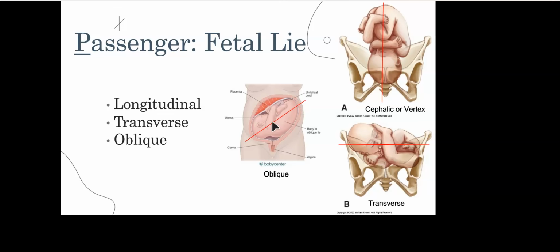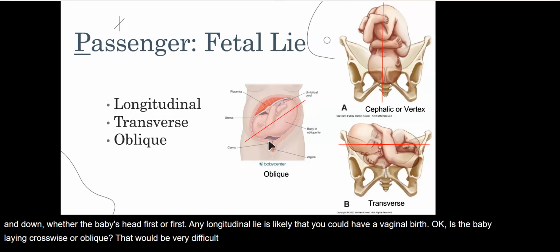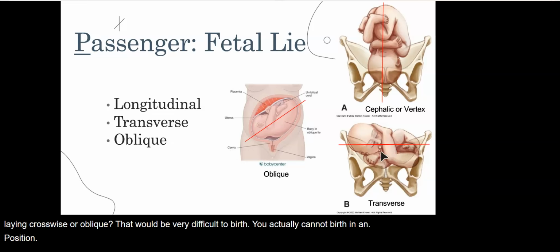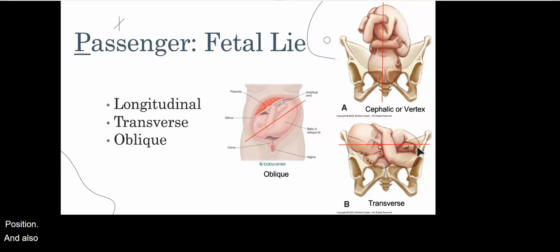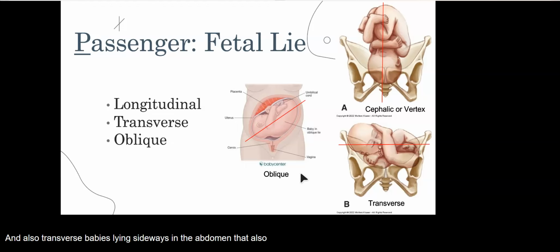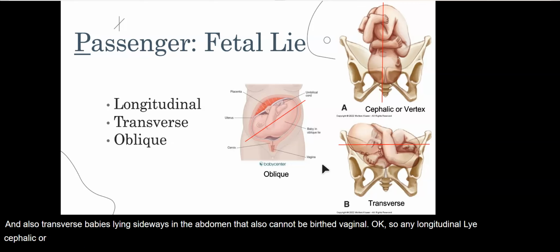That would be very difficult to birth. You actually cannot birth in an oblique position. And also transverse, babies lying sideways in the abdomen, that also cannot be birthed vaginally. Okay, so any longitudinal lie, cephalic or vertex, can be birthed vaginally.